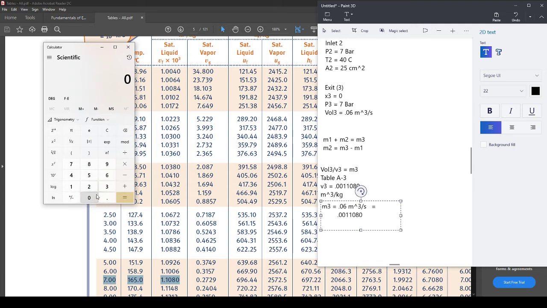So we have 0.06 divided by, you have 541 kilograms a second. I will go and make sure, but I'm pretty sure you're right. You have 541.